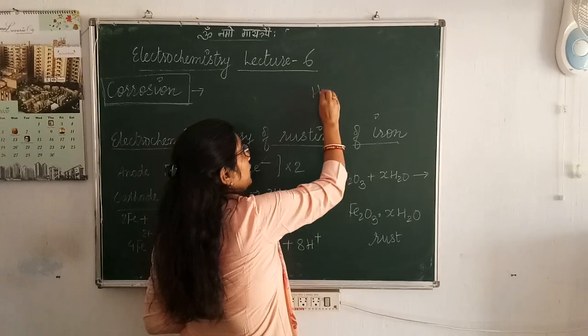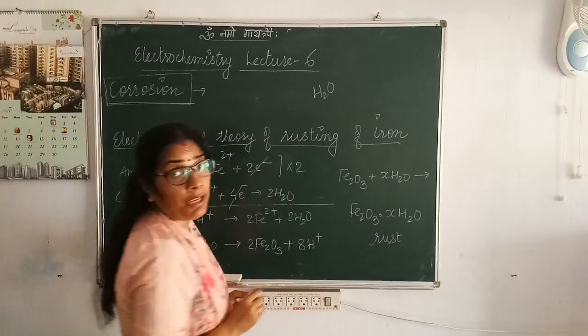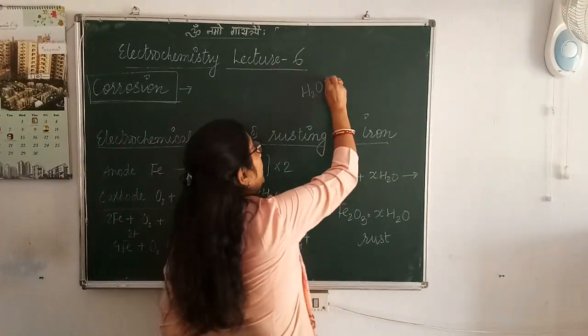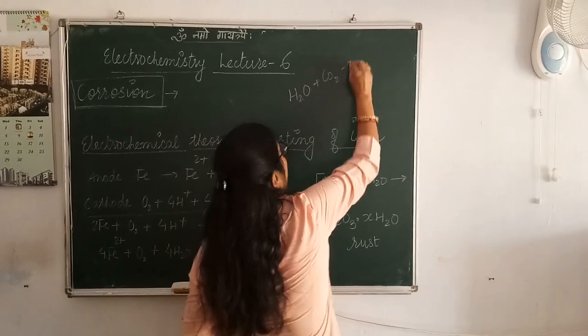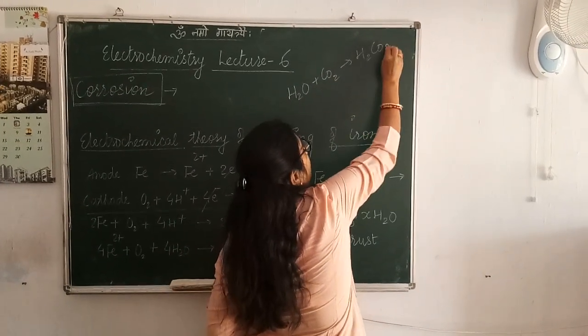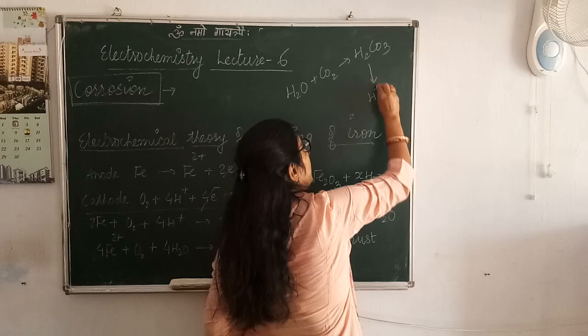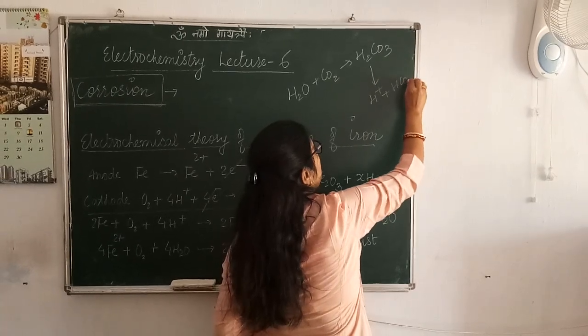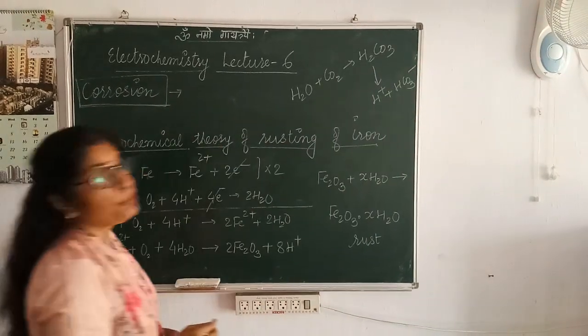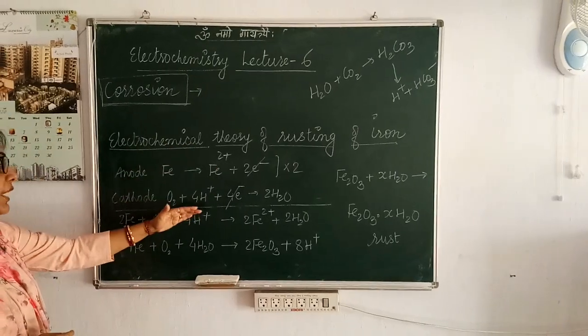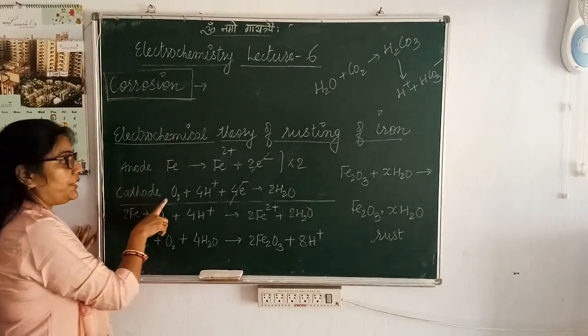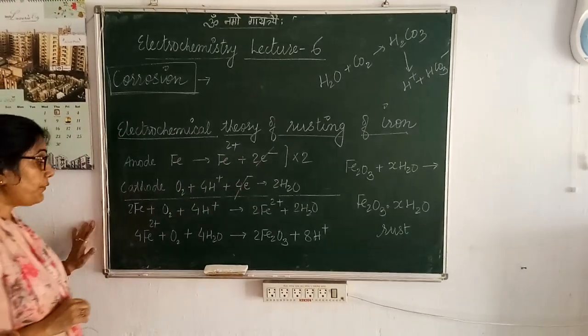This H+ comes from water vapor in the presence of carbon dioxide. It forms carbonic acid. This carbonic acid dissociates into bicarbonate or carbonate ion. So this H+ combines with oxygen and once again water is formed.